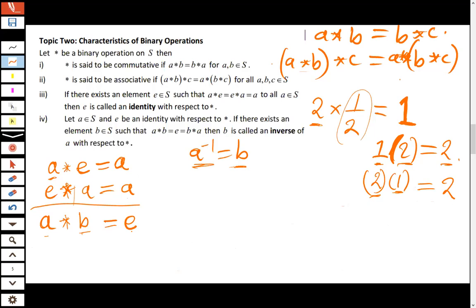This is a very important point that we use to find the inverse of any given element.